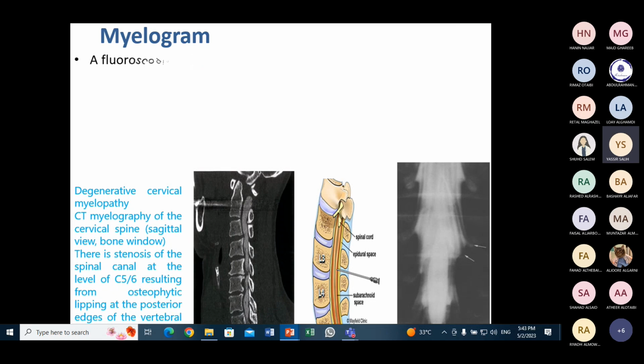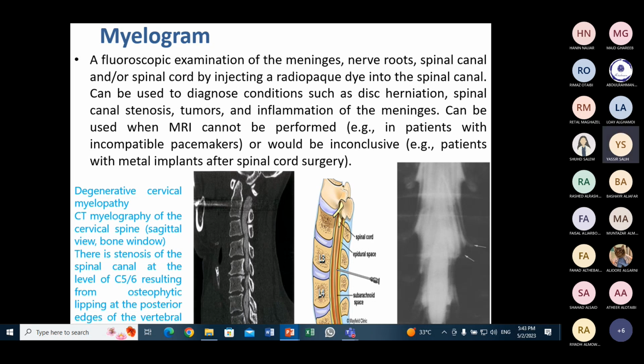تكلمنا كان المايلوجرام قلنا done by injection of contrast into the subarachnoid spaces by needle inserted in the back, and then we can scan the patient with CT or plain X-ray. عندنا CT myelogram like this or conventional myelogram اللي هي done by fluoroscopy. This is a fluoroscopic examination اللي هي myelogram done after injection of contrast in the spine.